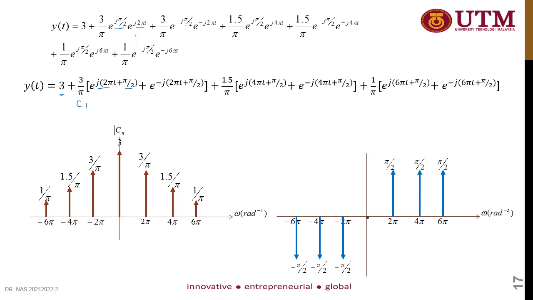When you have negative frequency, you have negative phase shift. So negative times positive, it's negative. And you can notice that inside the bracket, it is always similar for all cases. All right, and this one as well.